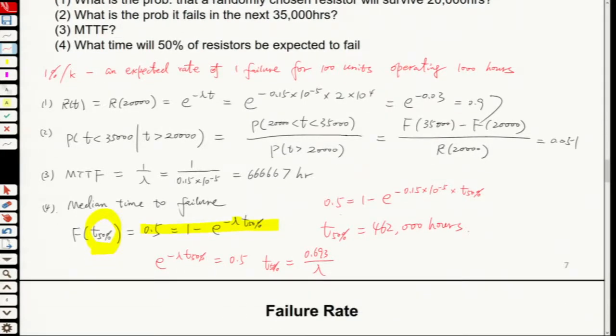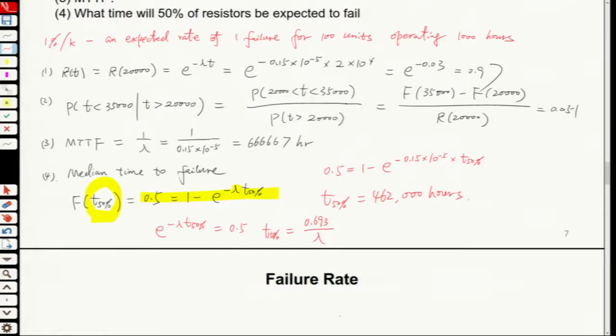I think some of you cannot see it. So as you may notice, this is mean time to failure, and this is median time to failure. If I want to summarize this more clearly, median time to failure equals 0.693 over lambda.